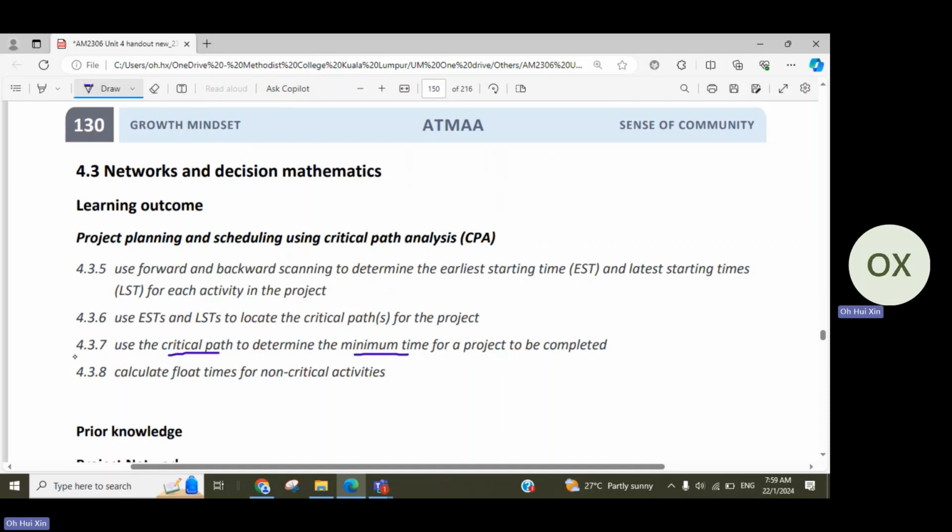We'll start from 4.3.7. After that, we'll look at how to use forward and backward scanning to find out the EST and the LST. And last but not least, we'll talk about float time. So how to find critical path, how to find minimum time, how to determine the earliest starting time, how to determine the latest starting time, and also how to find float time. That's the summary for today's lesson.